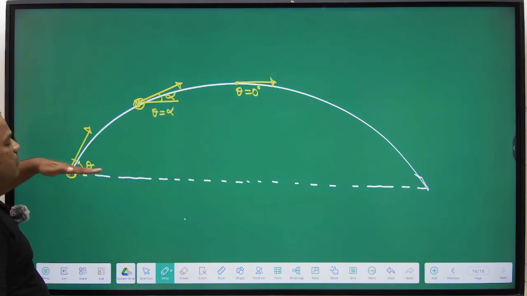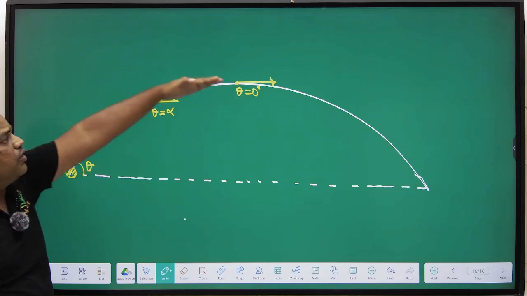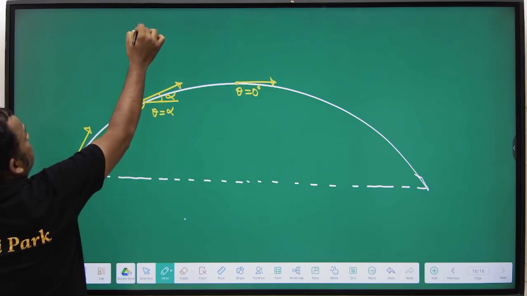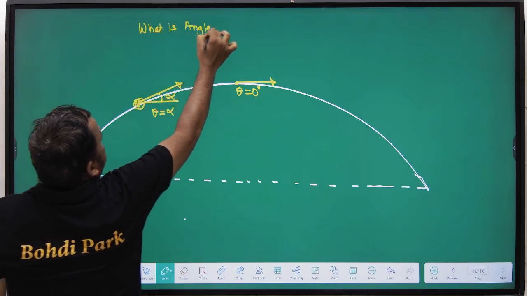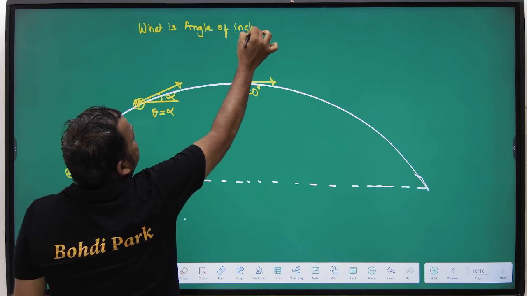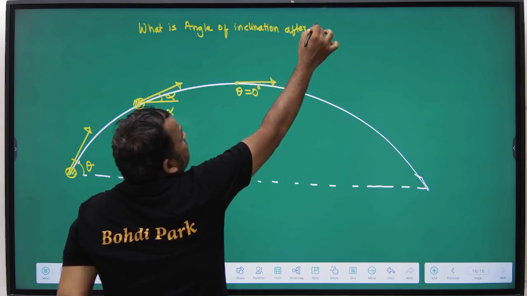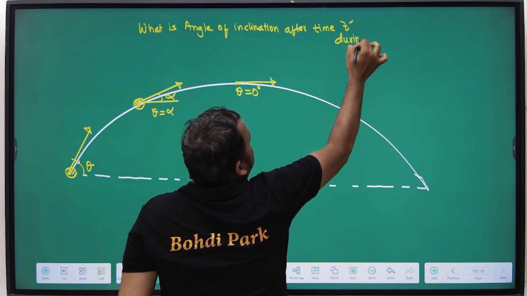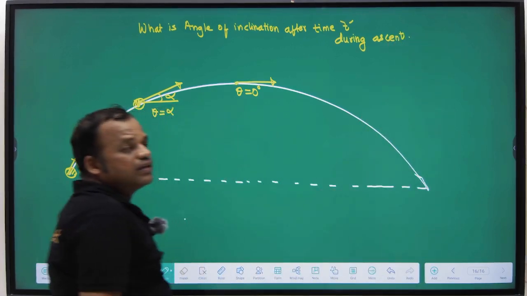So the initial angle of projection is theta. After some time it is alpha, and at the topmost point it is 0. So how to find this alpha? What is the angle of inclination after time t during ascent? During ascent, what is the angle?